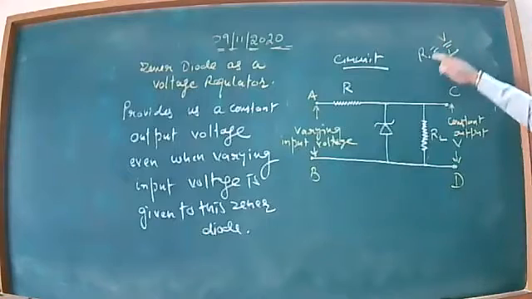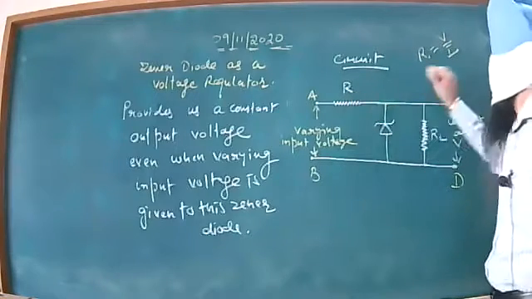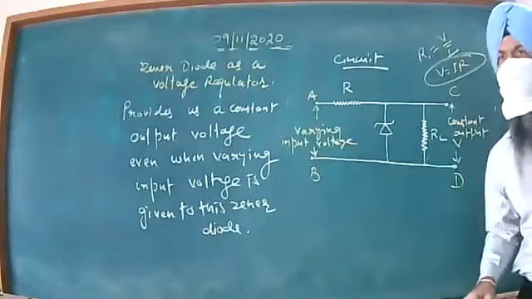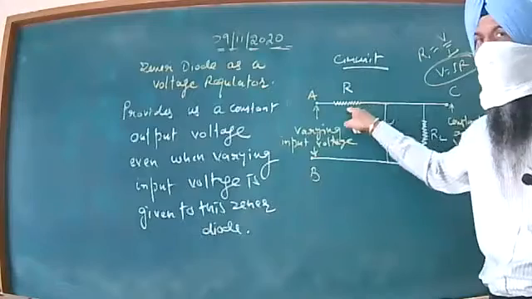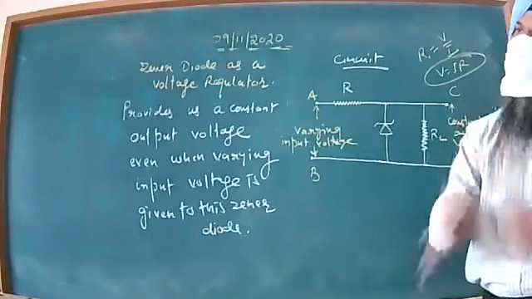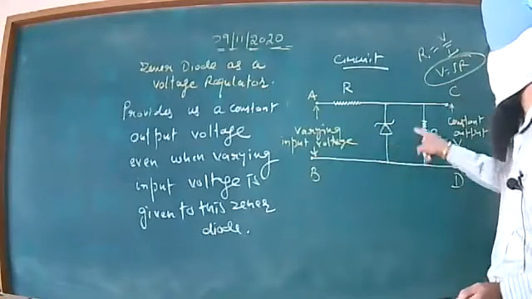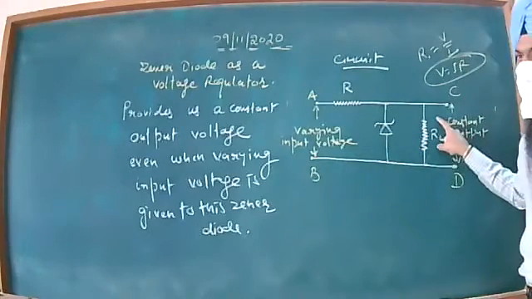The voltage drop is V equal to I into R. But the voltage drop in this case across the dropping resistor will become less, and more voltage will be available across your Zener diode, and you can take it across the load resistor.